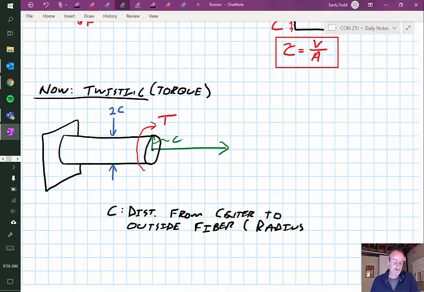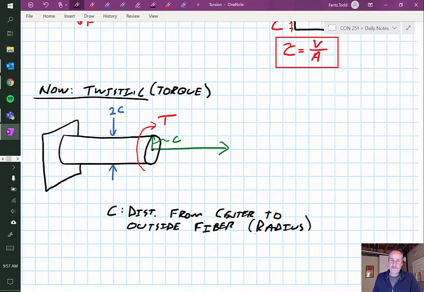The reason we don't is because we could have different shapes. If we were going to look at this, the c value would be from the center out to this corner, so it would be slightly different. Also, in a little while, we're going to talk about bending stresses, and we'll have this value c again. So c is just a generic term that means from the center to the furthest distance away from the center, right?